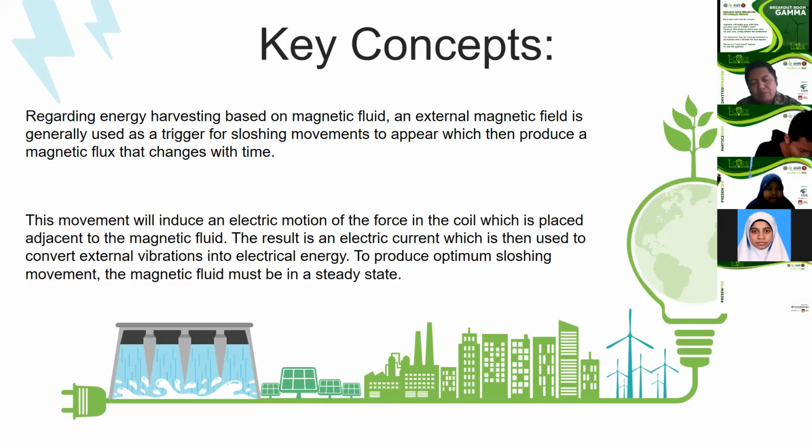So when the magnetic fluid is triggered by this force, electric current will convert external vibration, for what? To produce electrical energy. In our work, to produce optimum sloshing movement, our magnetic fluid should be in a steady state. Without steady state condition, it is impossible to get a good energy harvesting agent.